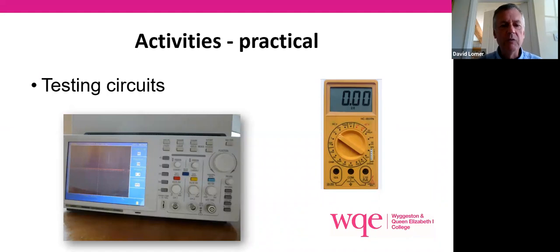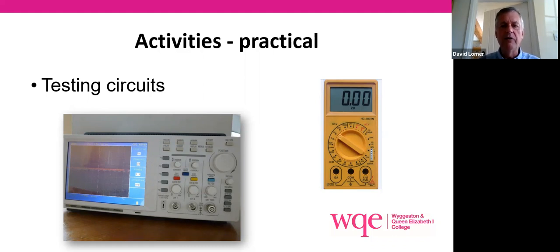For testing, we use a lot of different equipment, and this is just really to show you the sort of thing we use: oscilloscopes, digital multimeters, that can be voltmeters, ammeters, ohm meters, all sorts of uses for those. And we've got lots of apparatus, lots and lots of equipment.